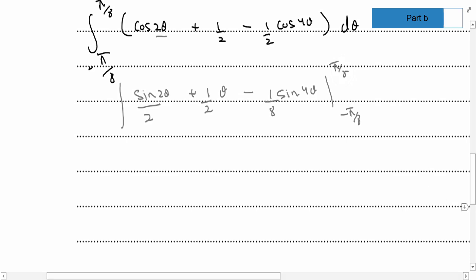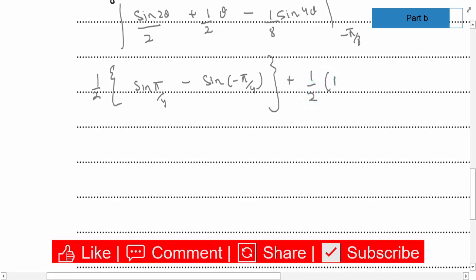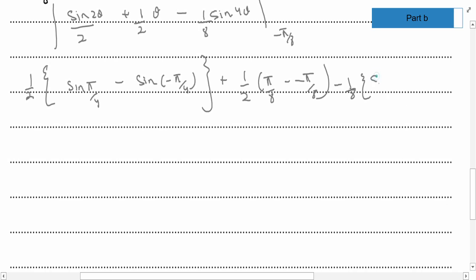Let us put the values. So it would become 1 over 2 whole multiplied by sine pi by 4 minus sine minus pi by 4, plus 1 over 2 into pi by 8 minus minus pi by 8, minus 1 by 8 into sine pi by 2 minus sine minus pi by 2.